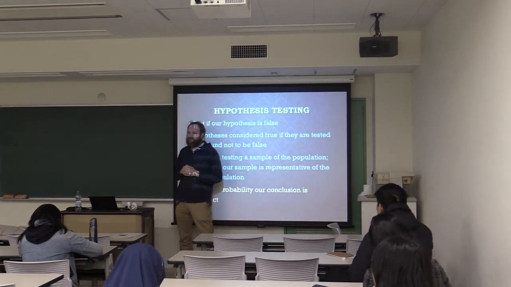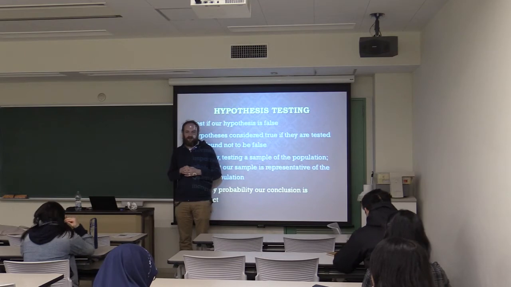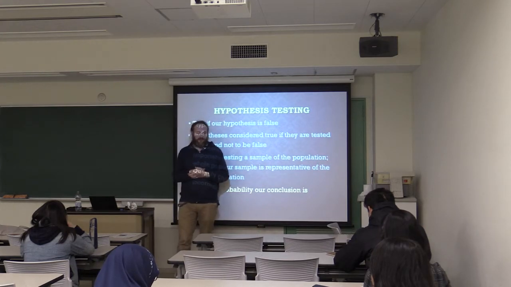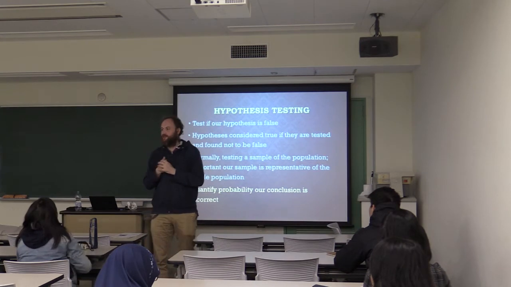If I have a hypothesis that my wife is being completely honest and faithful to me, right? And I might be very happy and convinced in that because I see all her behaviours and all those sorts of things.